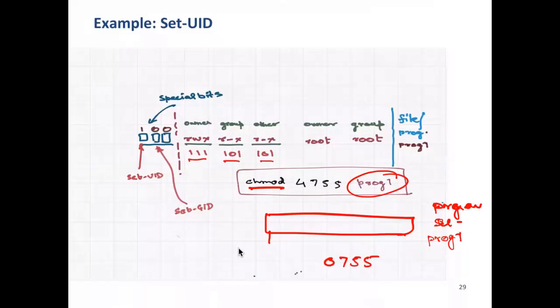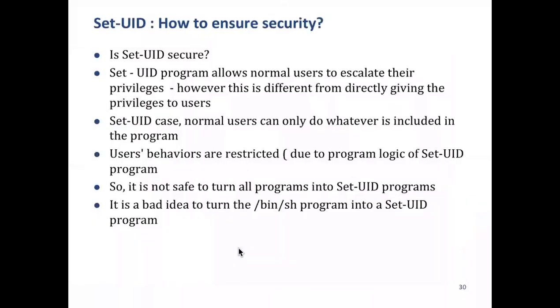If you want to make it a set UID program, this bit is 1 and all others are 0, so if you change the mode of this program, it becomes 4755 permissions. So if you use chmod 4755 program 1, it becomes a special program.